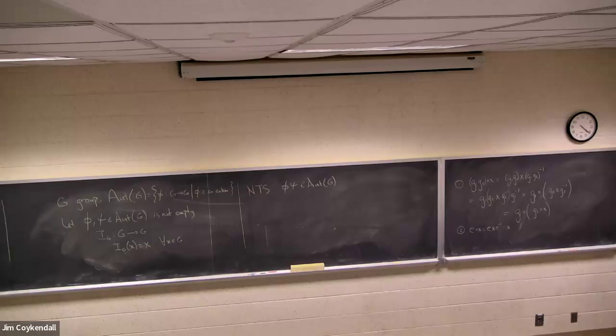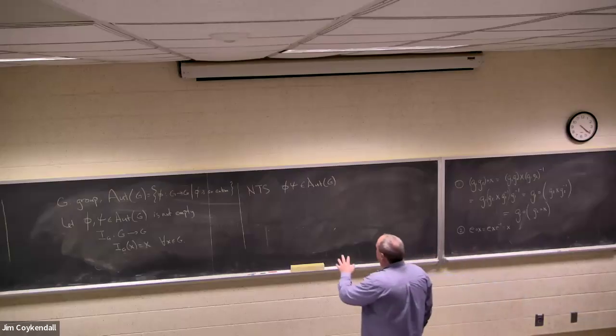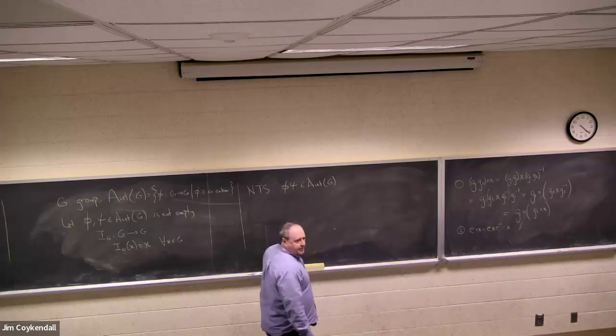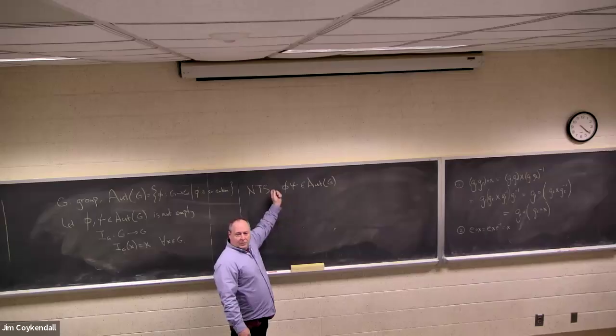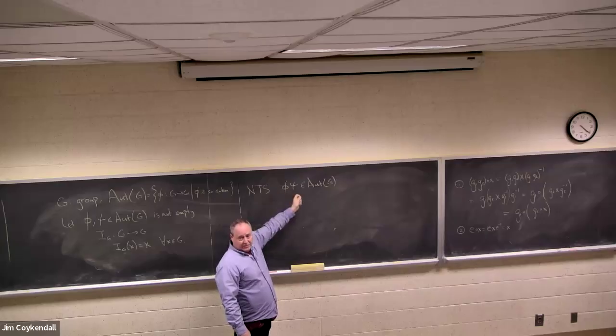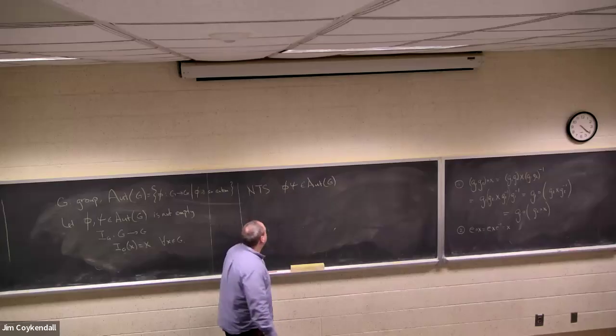Everybody agree with that? So, okay, what does it mean to still be an automorphism? I need to show that this composition is still an automorphism. So, what properties do phi and psi have to have? First and foremost, it has to be a homomorphism, right? So you better check that.